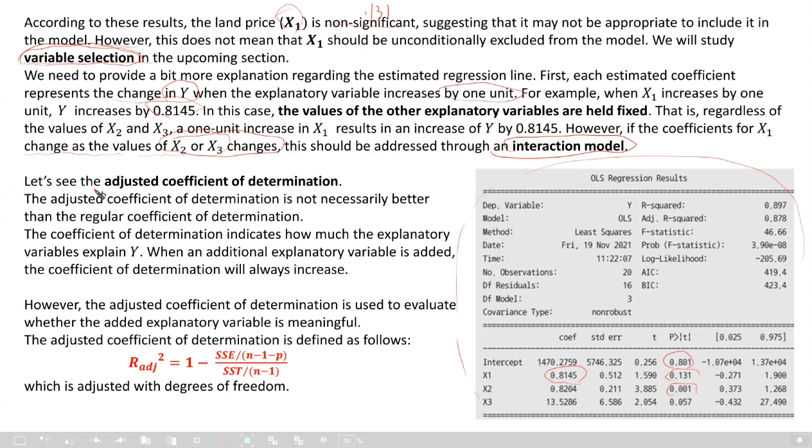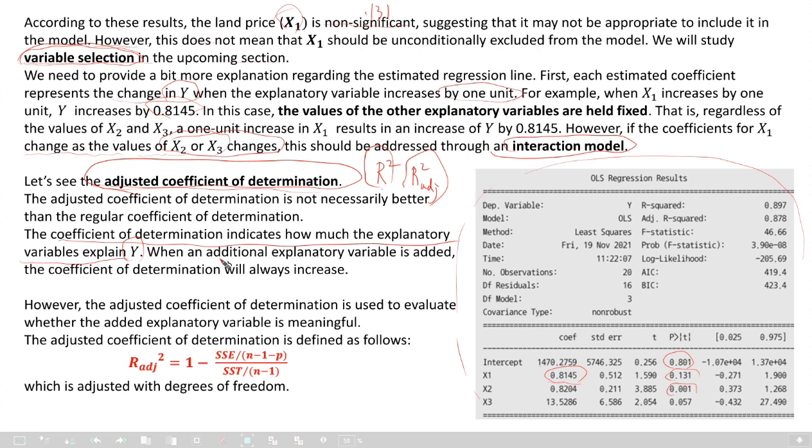Let's see the adjusted coefficient of determination. I think you have to know this terminology here. The adjusted coefficient of determination is not necessarily better than the regular, okay, normal coefficient of determination. We have R square, and another one is R square adjusted. So you have to understand the difference between the two of them. The coefficient of determination indicates how much the explanatory variables explain y, right? I defined the coefficient of determination like this.